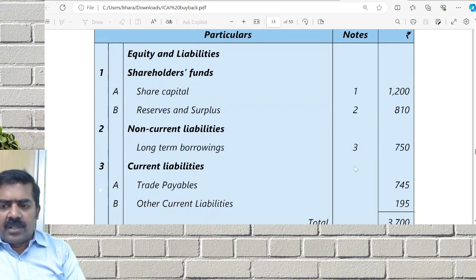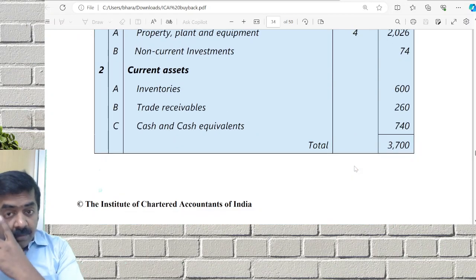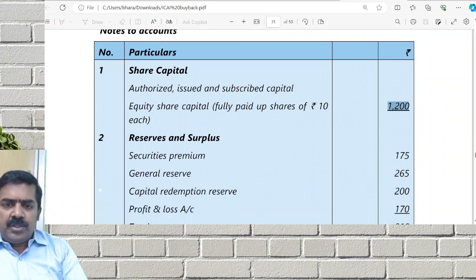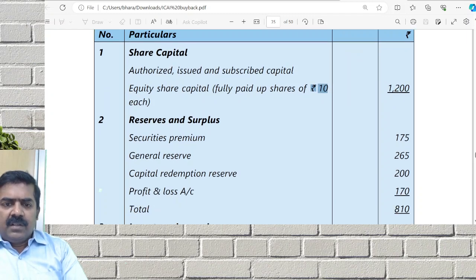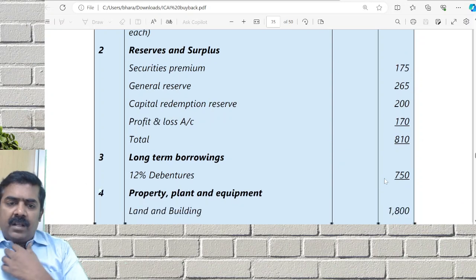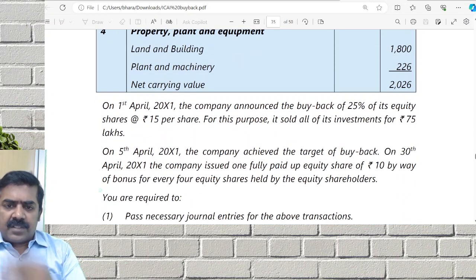Long-term borrowings are given. Trade payables and other current liabilities are given. We'll directly go to the notes to accounts. Authorized capital, issued capital, paid up capital are all the same. 1200 shares of 10 each. We are given which one? Securities premium, general reserve, CRR already given in the question. Then P&L account. They've given long-term borrowing details. Others are not relevant for solving.